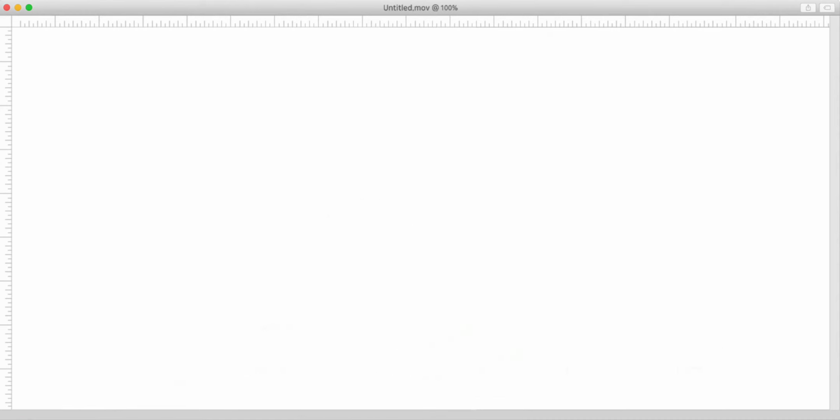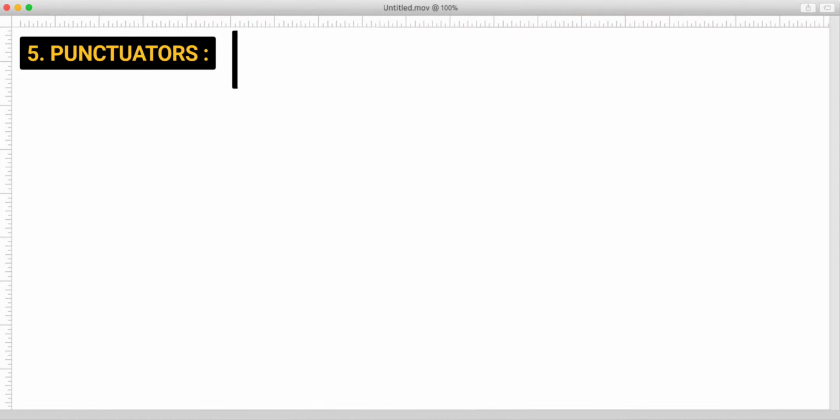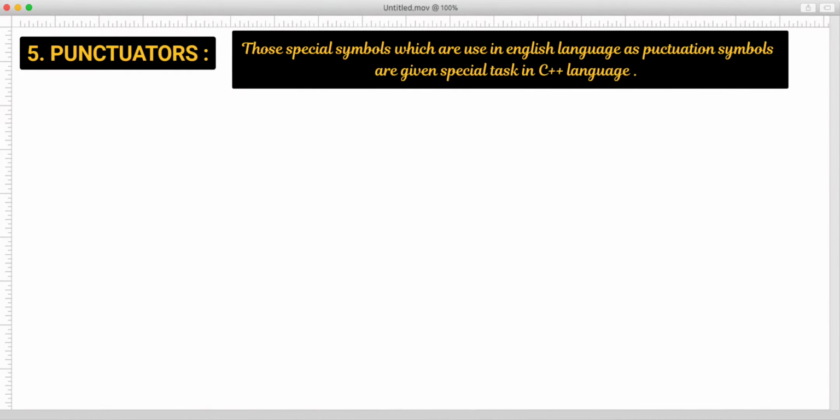Now coming to our next topic, that is punctuators. In the English language we use punctuators for punctuation. Similarly, in C++ programming we use English punctuators, but their meanings and work are different in this programming language.